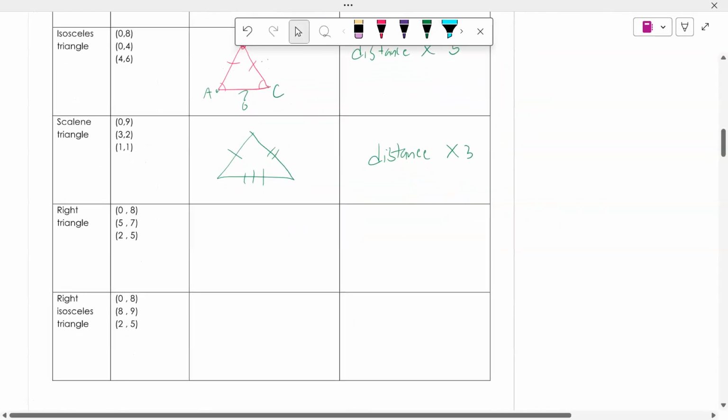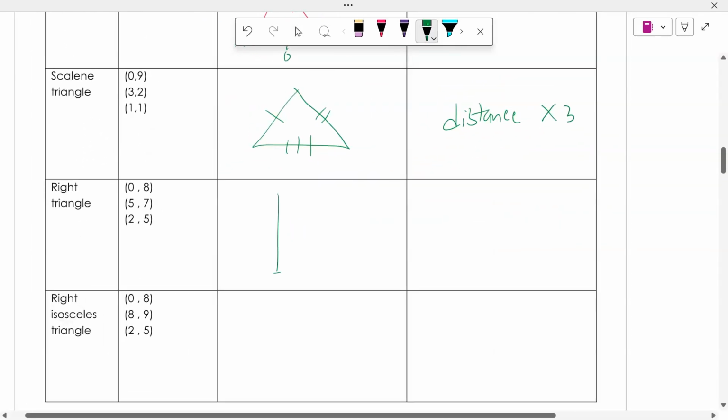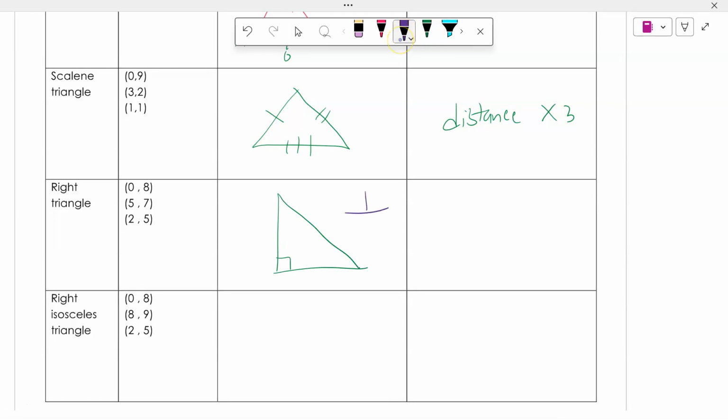Now, in terms of a right triangle, we kind of just talked about it. In order to prove that this is a right triangle, you need to prove that, for instance, this side, which maybe we'll change it up, DE, has to be perpendicular to, let's call it EF.